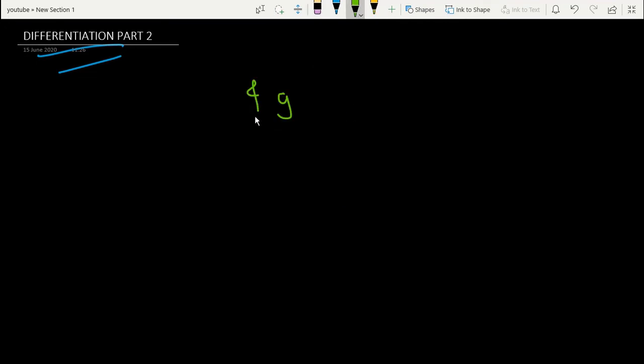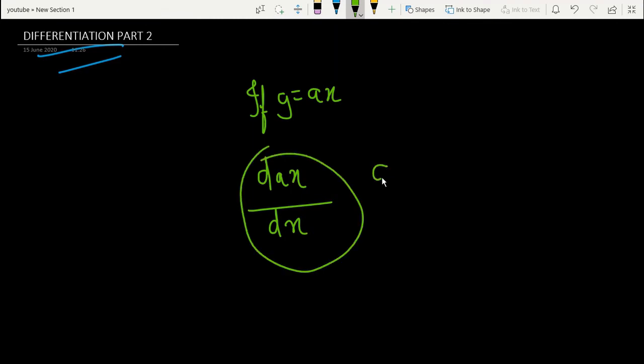If y is equal to ax, then what will be the differentiation? It will be d(ax) by dx. So what will be the differentiation over here? Okay, so the differentiation will be a. Actually in differentiation, I have to tell one thing: x is not a single term. dx as 1 is one term.